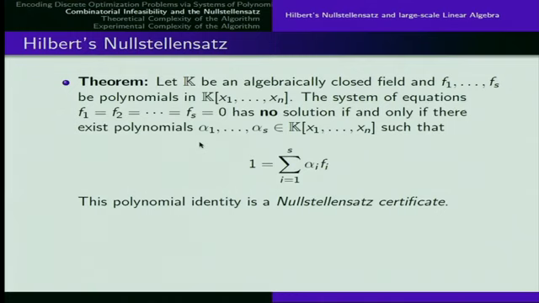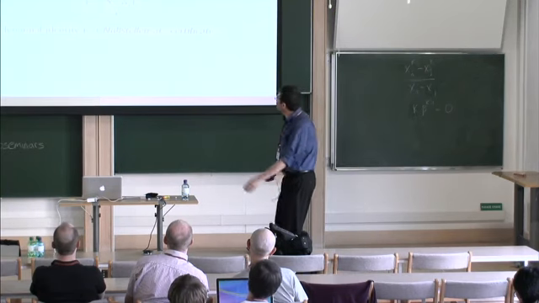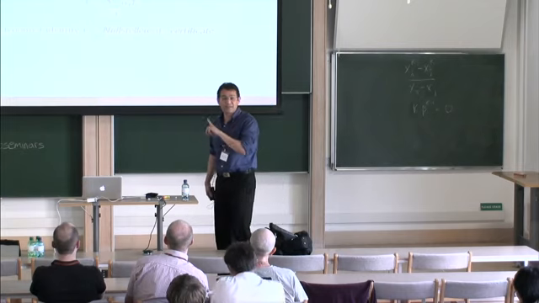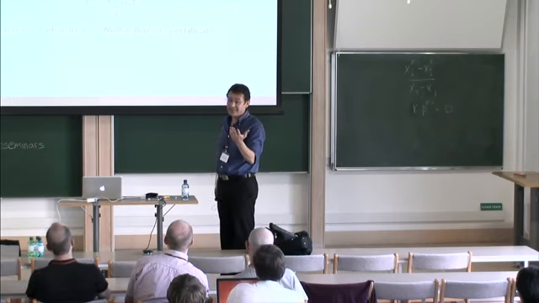So you have a system of equations F1, F2, Fs. Actually, I don't need K to be algebraically closed here, and I will not. In this case, for example, the coefficients of my polynomials in the examples were rational numbers, right?